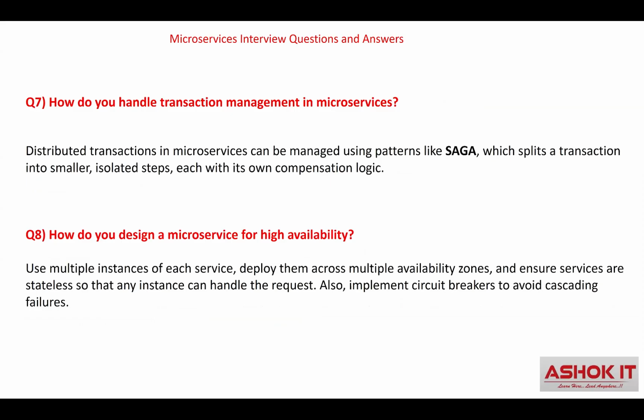Next, how do you handle transaction management in microservices? Just like I mentioned previously, in the limitations of microservice architecture, by default, transaction management is not possible. Not possible in the sense of how we used to have a distributed transaction in legacy architecture, starting a transaction and then either commit or rollback. Instead of that, we need to retry the failure.